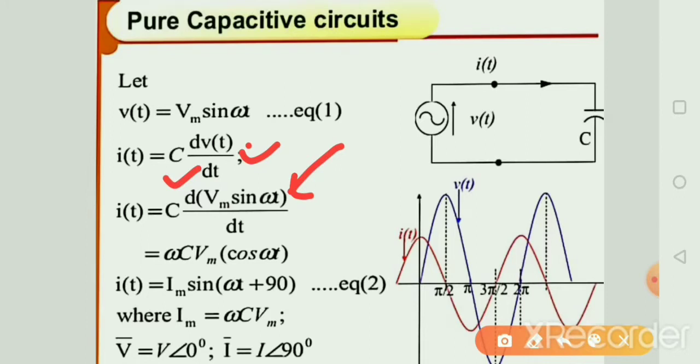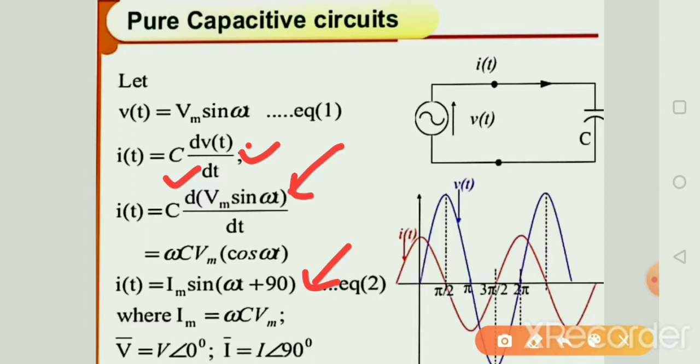And then we get the value of I equal to Im sin(omega t plus 90 degrees), because cos omega t equals sin(90 plus theta), where theta is omega t.